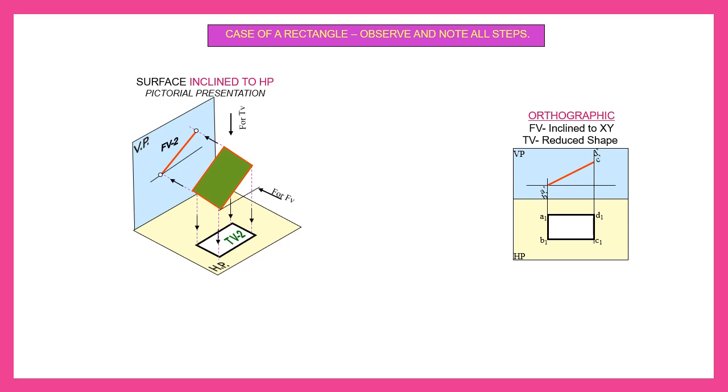We cannot obtain this shrunk surface in direct steps. First, since it is inclined to HP, you have to consider this rectangle as parallel to HP. If a surface inclination is given, surface is inclined to HP means you have to consider this surface as parallel to HP.